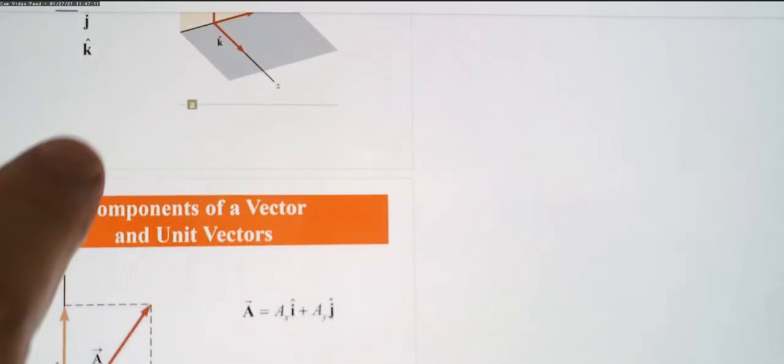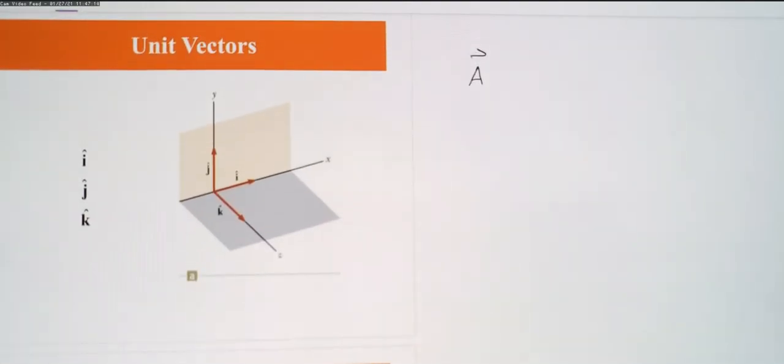Okay, what are those unit vectors? Well, from its name, unit vector, that means it's 1. 1 what? Well, it depends on the unit I'm using for my x and y and z. So if I am graphing distance in meters, what will be the i and j and k unit?